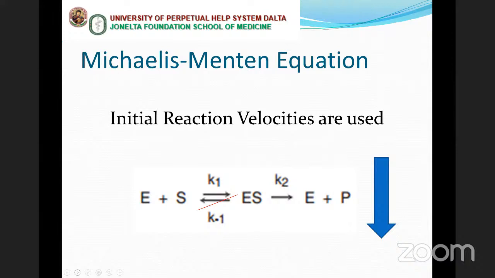So how will velocity start? It would always start somewhere, and it will start at zero, such that it would be very much decreased so that you could disregard the first side of the equation because initial reaction velocities would be very much decreased. Okay.